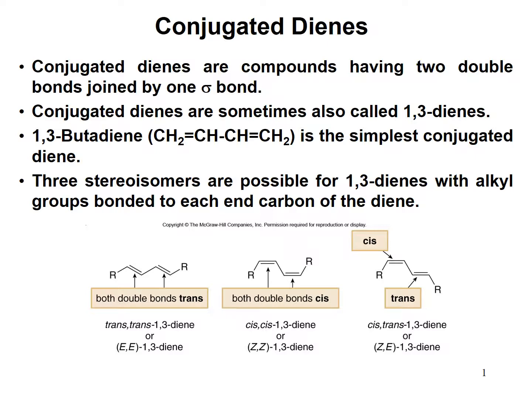You can have trans-trans 1,3-diene, where both of the double bonds are in a trans stereo configuration. You can have cis-cis 1,3-diene, where both of the double bonds are cis. Or you can have cis-trans 1,3-diene, where one double bond is cis and the second is trans.